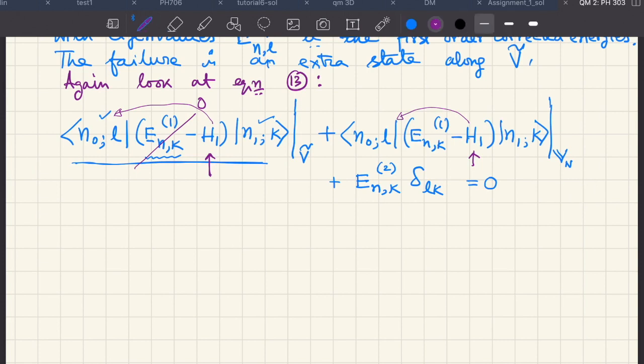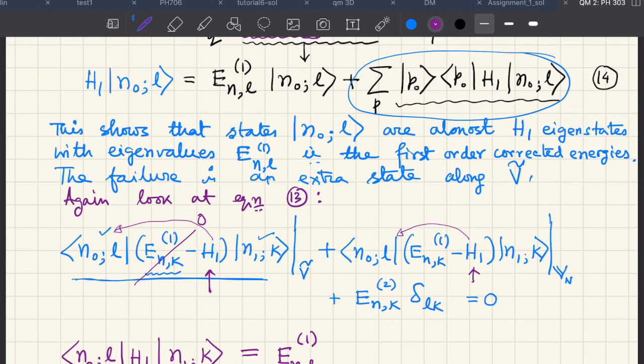So we have ⟨n0L|H1|n1K⟩ is equal to E_{n,L}^1, because I have H1 on |n0L⟩ as E_{n,L}^1 |n0L⟩ plus this object.